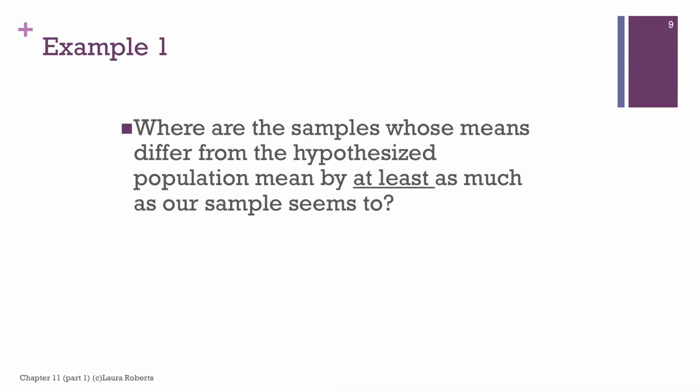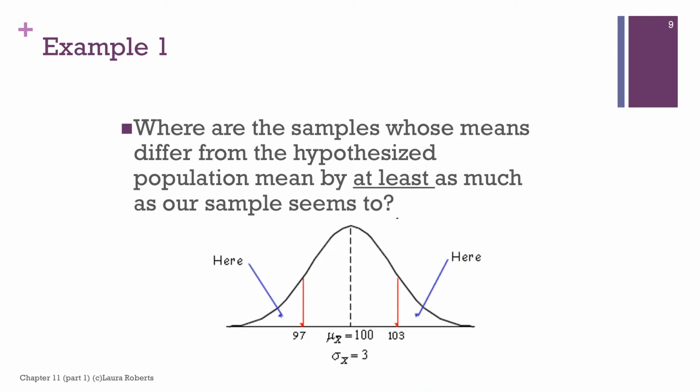Where are the samples whose means differ from the hypothesized population mean by at least as much as our sample seems to? Notice we have to think of the distribution as a symmetrical creature. So we have to consider not just the sample means that live at least 3 points above the mean, but also the sample means that live at least 3 points below the mean.